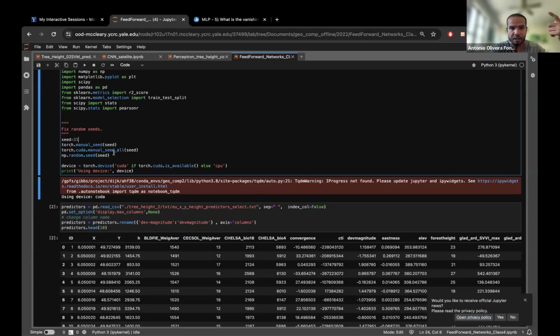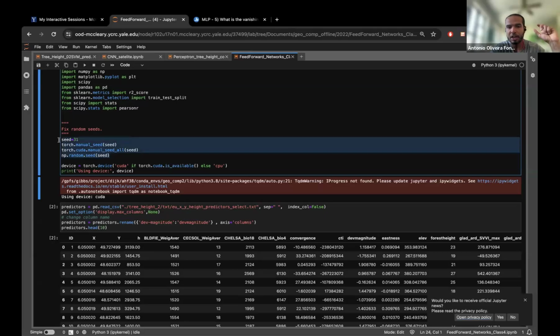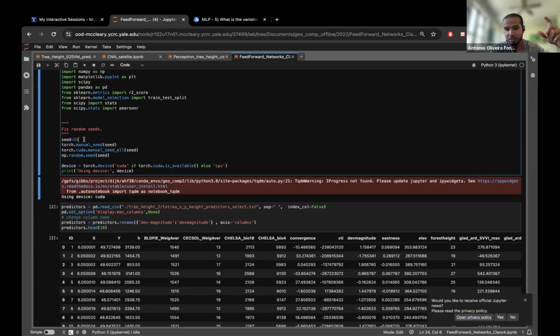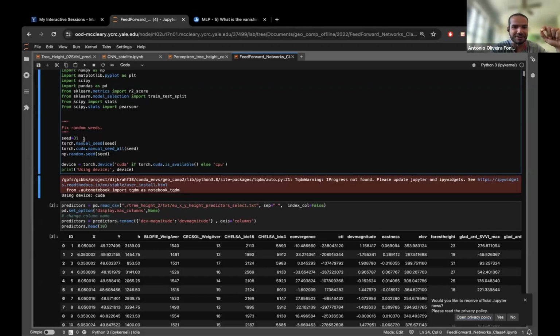For the sake of having something that's reproducible, it's good practice if you want to make sure that you can replicate your results later on. Although if this model is truly generalizing, and not too dependent on the current setup that you have, the seed should not determine whether this thing is working or not working. It's just for the sake of being able to reproduce results. So this is not cheating. That's the only thing I'm going to say.